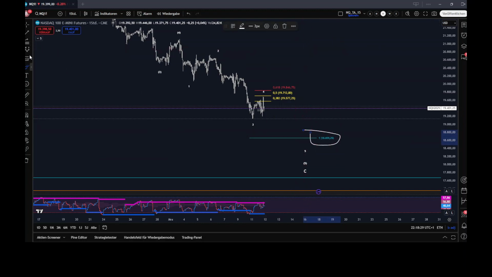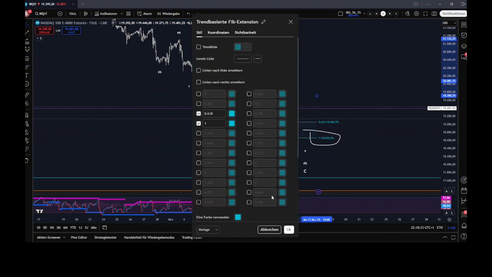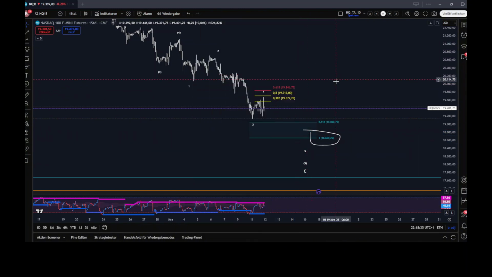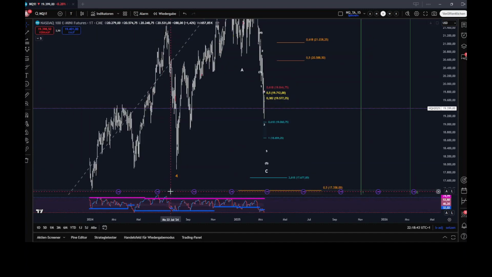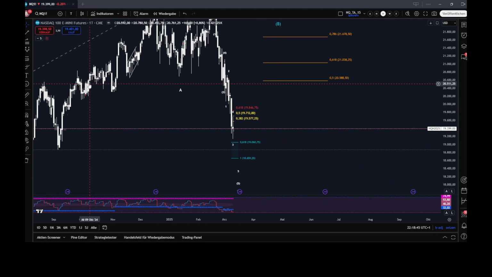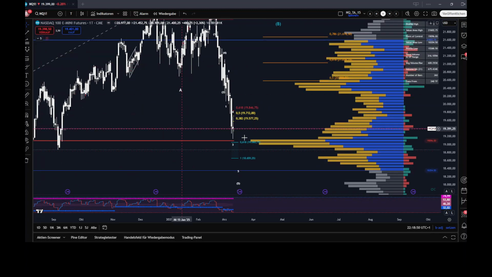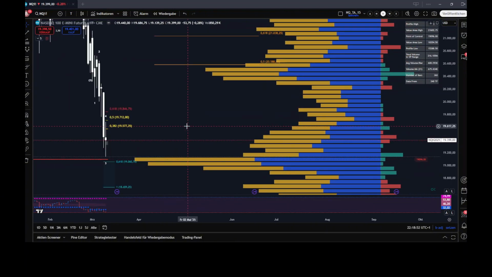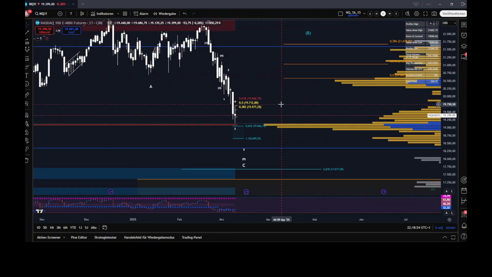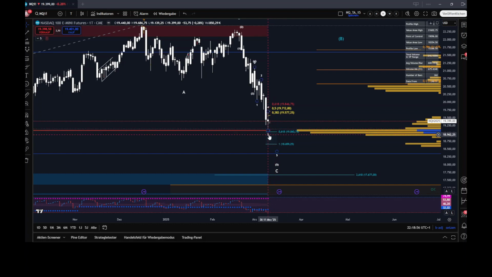We can also put up, and that's another scenario, the 61.8, and this is, ladies and gentlemen, I think exactly on the point of control. Let me just open that again. So I'm going to add that again. Yeah, see. So it could be a very quick wave 5 to the downside, and then everything is finished here.